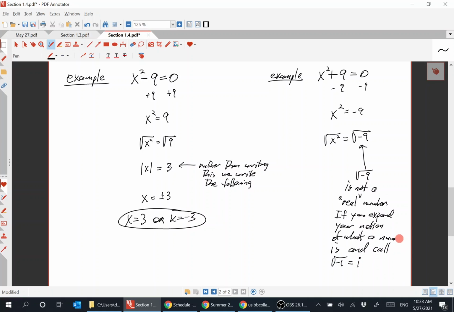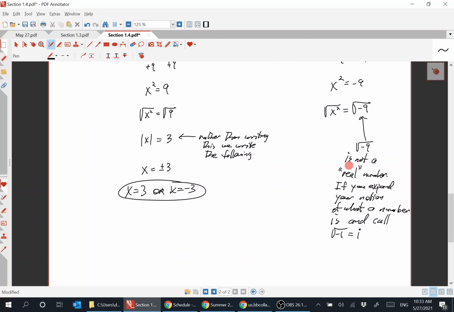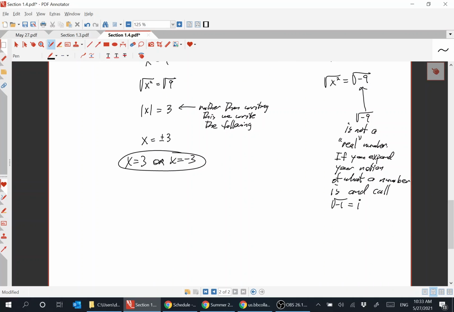I don't know if you've ever encountered that. You just declare this new number, the square root of negative 1. That's a number. We'll call it i. Then the square root of negative 9 is 3i.